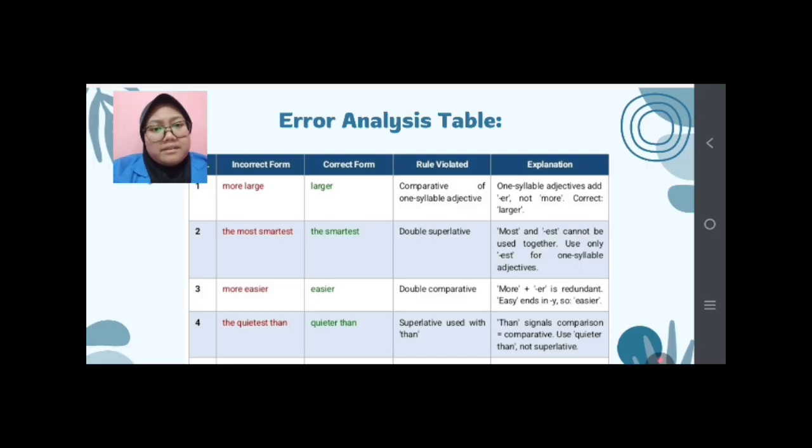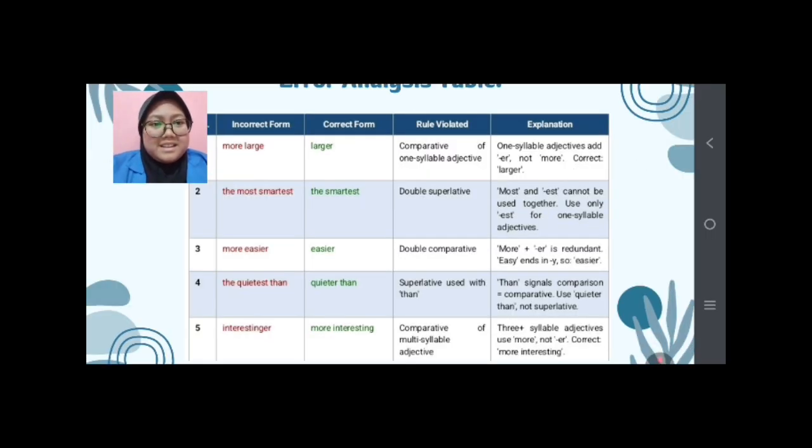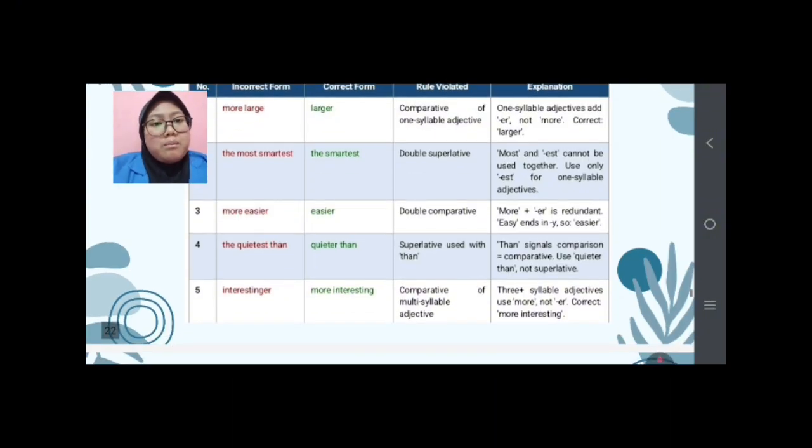The most smartest, the smartest. Double superlative. Most and -est cannot be used together. Use only -est for one-syllable adjectives. More easier, easier. Double comparative. More plus -er is redundant. Easy ends in y, so easier.